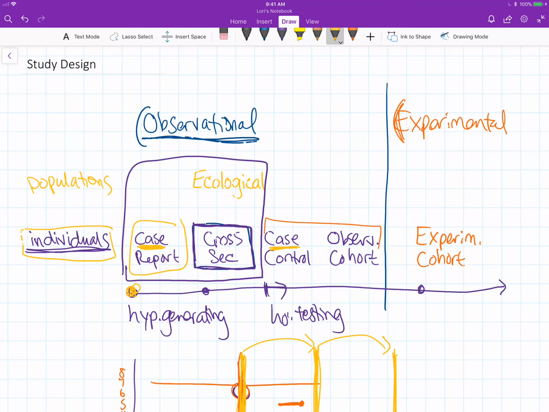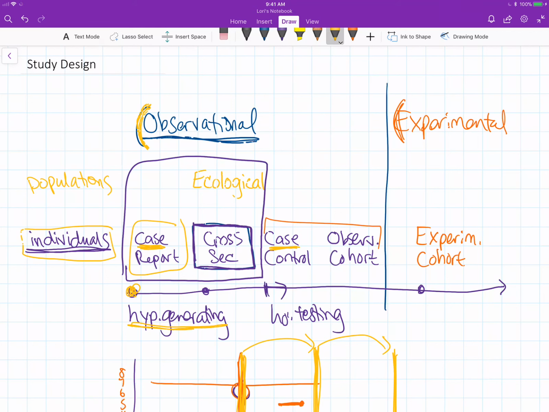So this is a really basic observational kind of study design. It's as basic as it can possibly get. So a case report or a case series, a series of case reports, can have some real strengths. It doesn't cost very much. It doesn't take time to follow these people forward, but it is hypothesis generating.